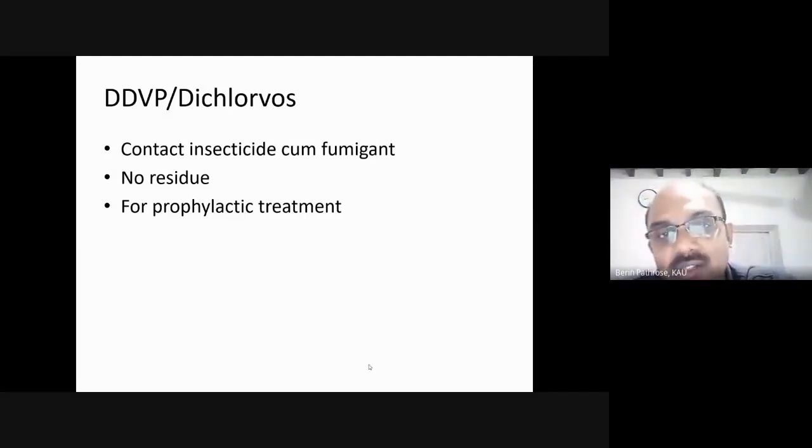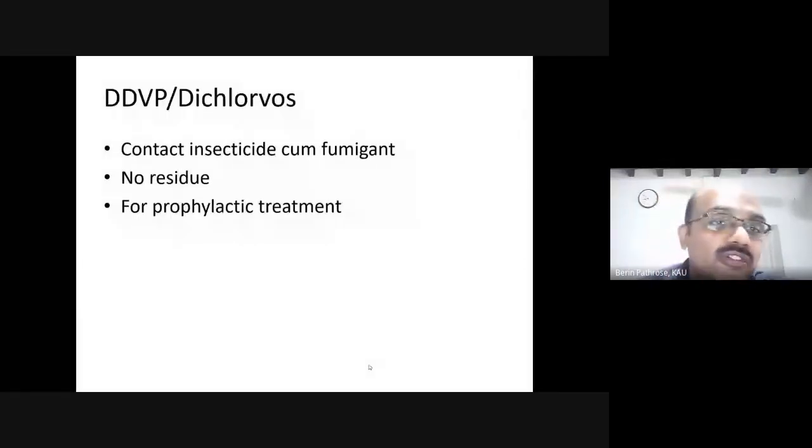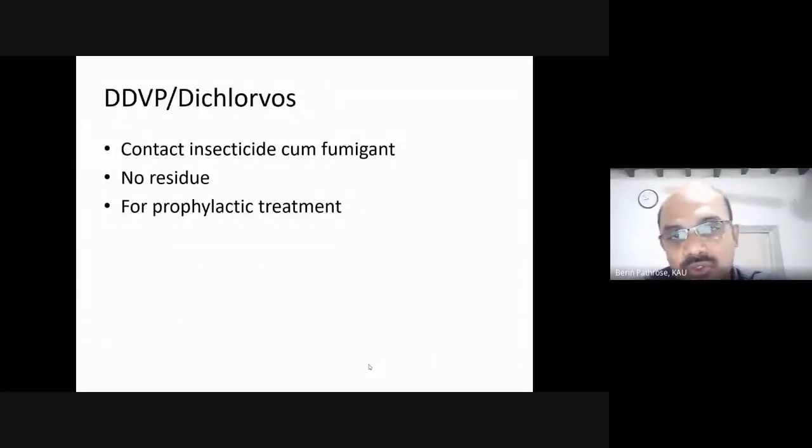Because of that, dichlorvos was widely used by the Food Corporation of India. But since it is banned, it is not used now. It doesn't leave any residue in the food commodity. It was mainly used as a prophylactic treatment, sprayed on the walls, floors, etc., so that any insect hiding in the cracks and crevices will get killed because of the fumigant property of dichlorvos.